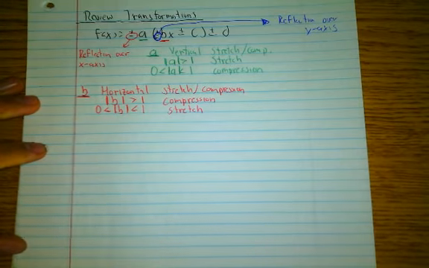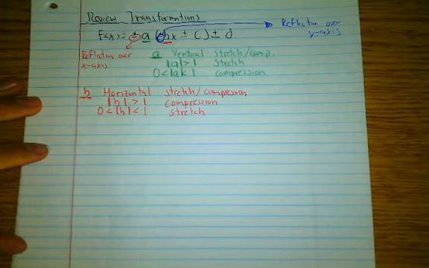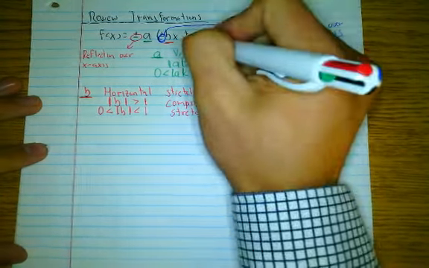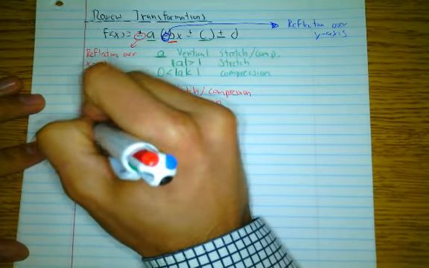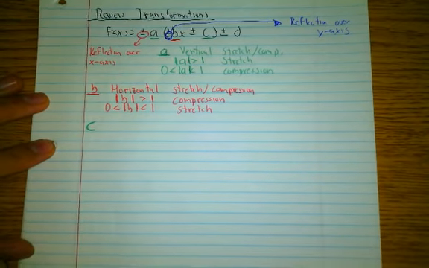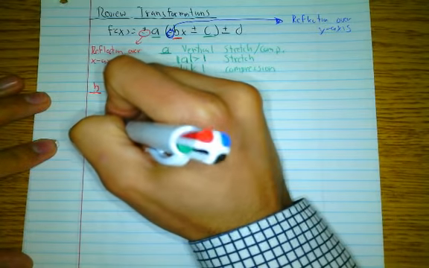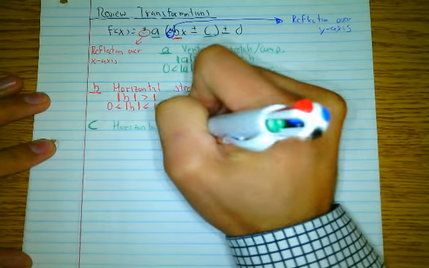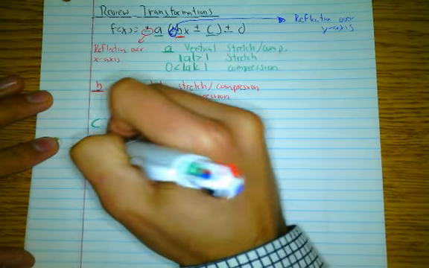Alright, which then takes us to the letter C. What does the letter C do? Can I call it a horizontal shift? If it's positive, so if it's plus C, it shifts to the left.